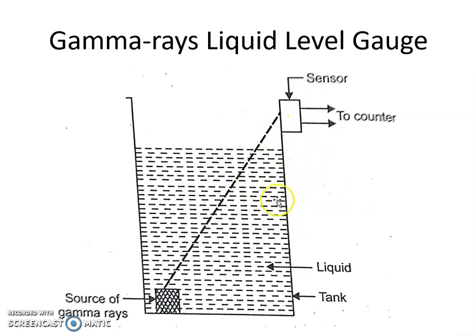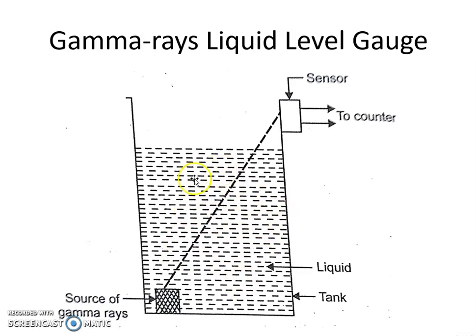As we can see in the diagram, it has a source of gamma rays which emits the gamma rays, and there is a sensor or detector which senses and measures the intensity of gamma rays.